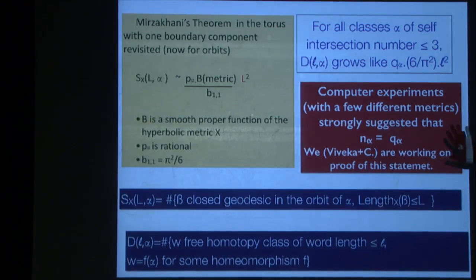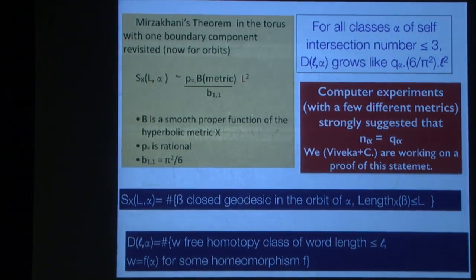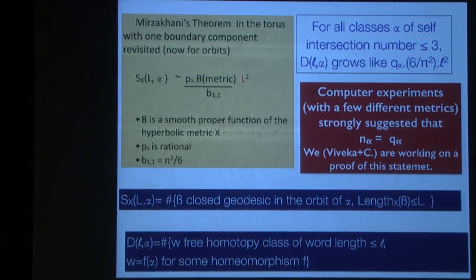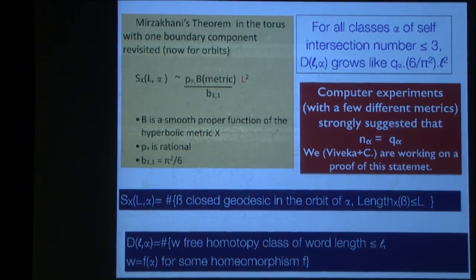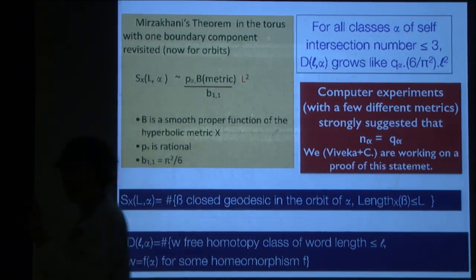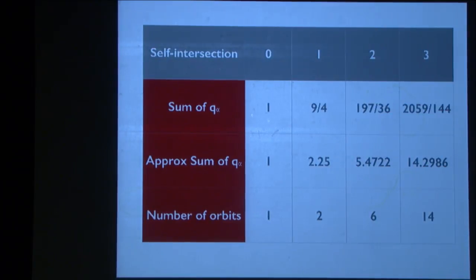Of course, the results that we're working on with Vivek are the puncture in the torus with one boundary component. We're still in the beginning. Hopefully, we have something interesting to report soon. And we found a proof, kind of, that these rationals, in the case of the torus, are the same.